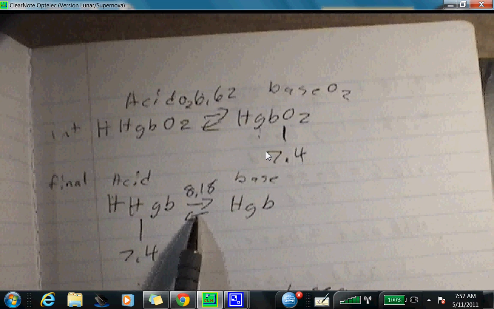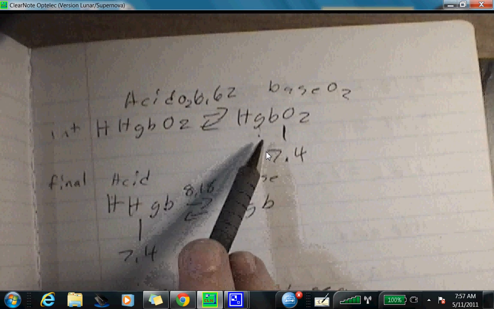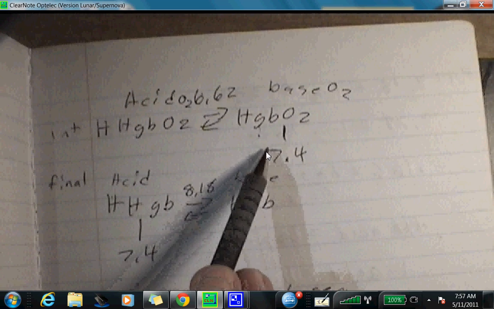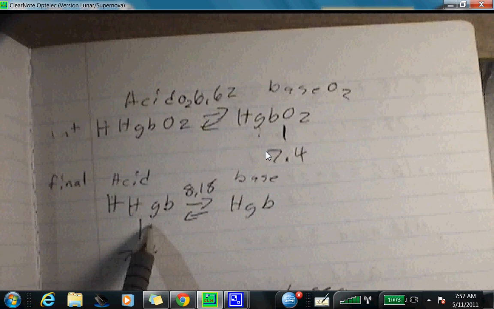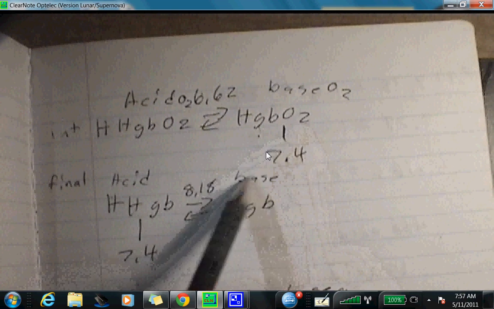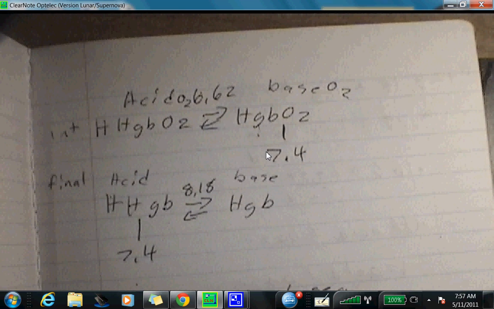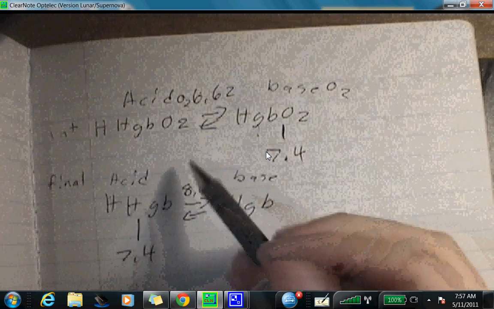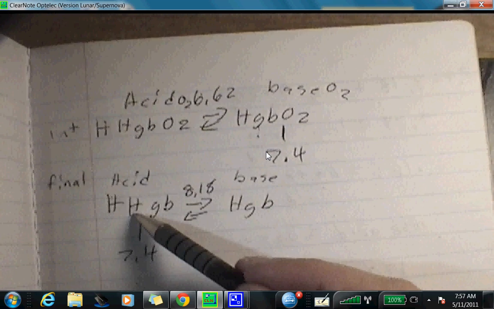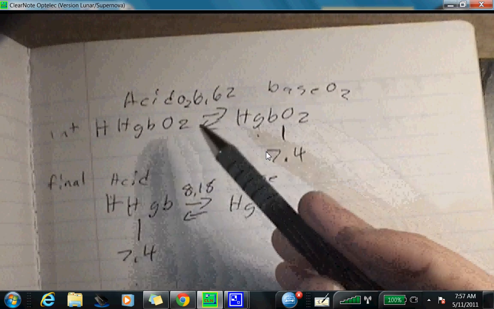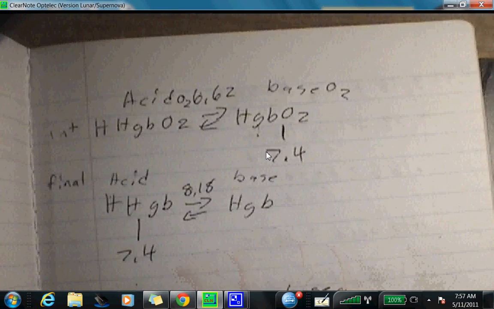And we have to figure out how much H plus was consumed, because now we're converting from this base form into this acid form. And we want to figure out how much of this was converted. How we're going to do that is we're going to compare either the acid form of this and the acid form of this when we finish, or we can compare the base forms. The cool thing about this is there's 2 ways to do it.